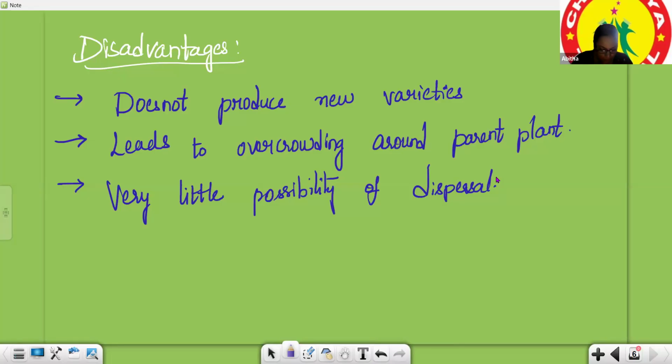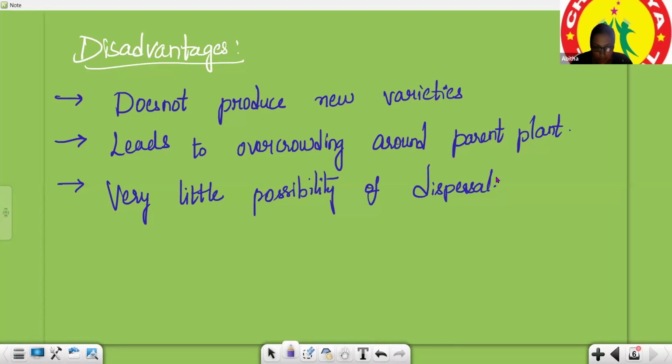Okay, understand the second point? Yes, ma'am. Next, very little possibility of dispersal. Dispersal is not a direct part of vegetative propagation.